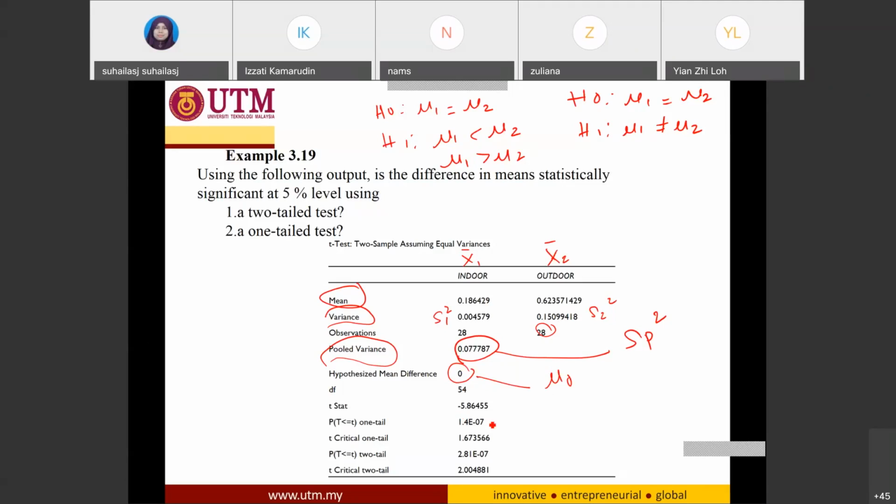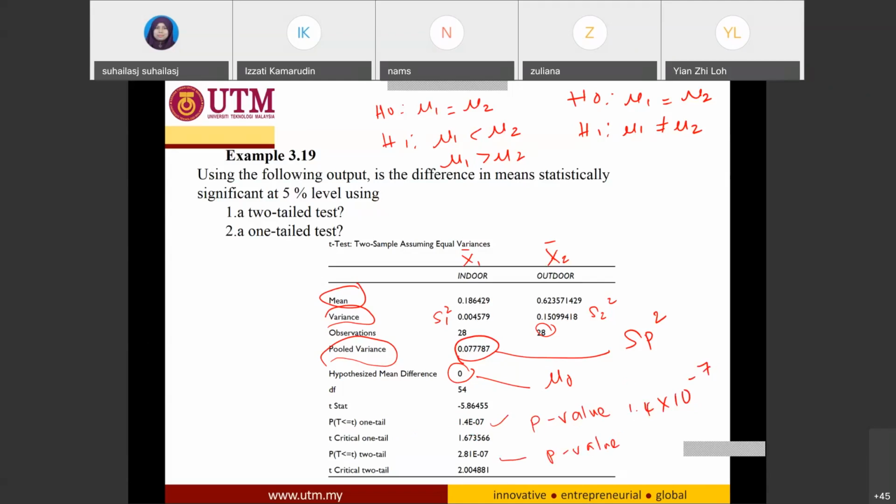5.86. We have a negative value. So this probability, T less than or equal to t, is your P value for the T test for one-sided. This is your P value for the two-sided test. The P value is 1.4 times 10 to the power minus 7, so 0.000 something.